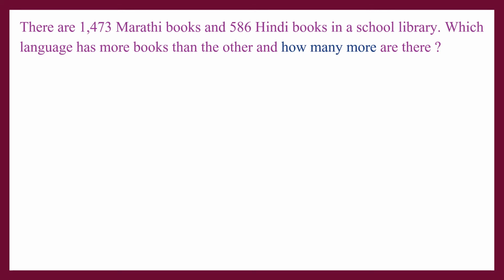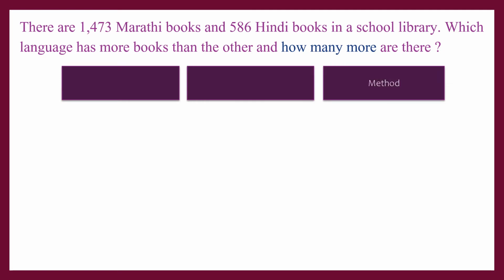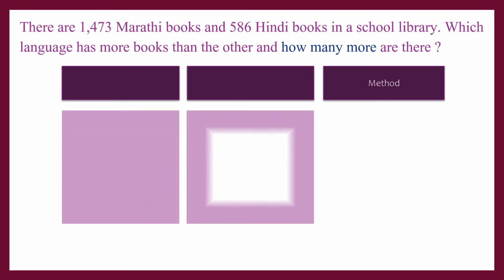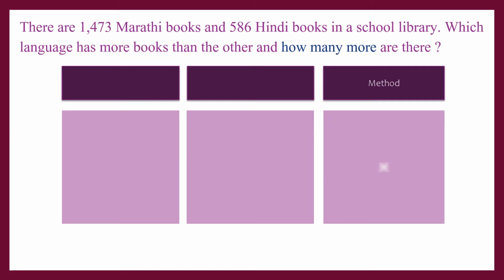So first we will draw three columns. In the first column we will write what information is given, which language has more books, what is asked, and what method should be used. Now in the second column we will write the answers.